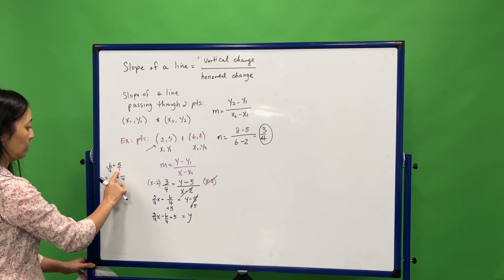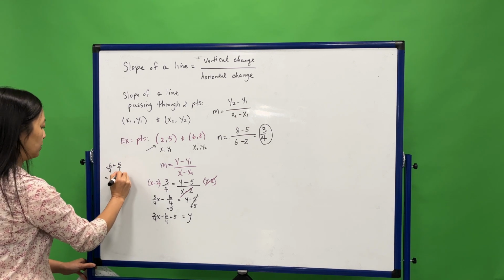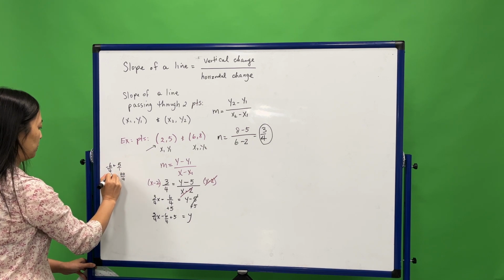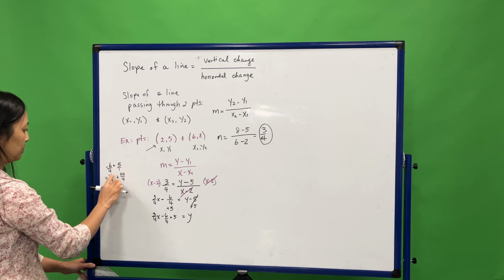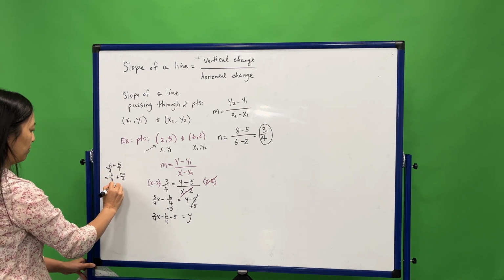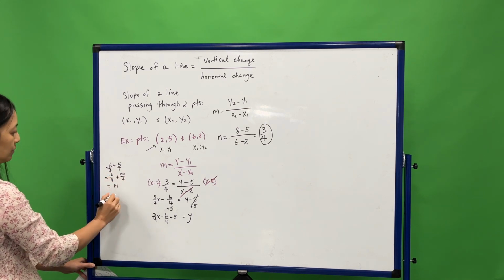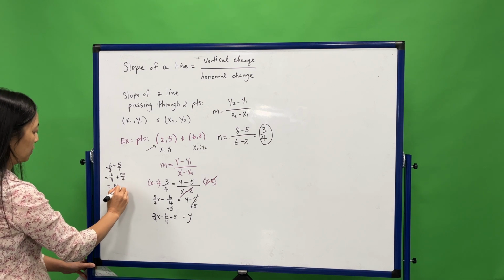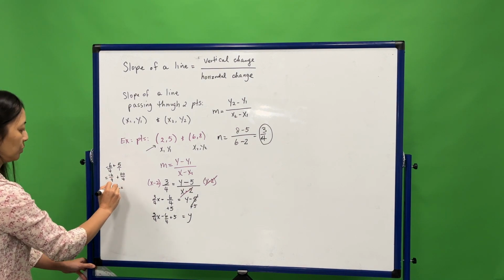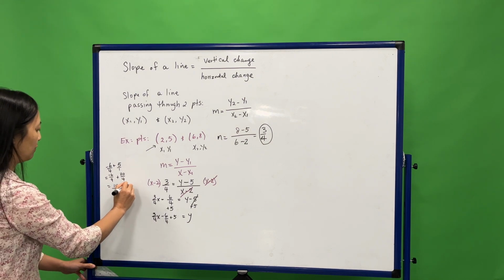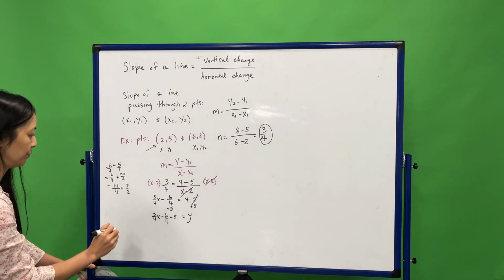So 4 times 1 is 4. 4 times 5 is 20. We just bring the negative 6 over 4 down. And this becomes 20 minus 6, which is 14 over 4. I'm going to reduce this by dividing by 2 on both the numerator and the denominator. We get 7 over 2.